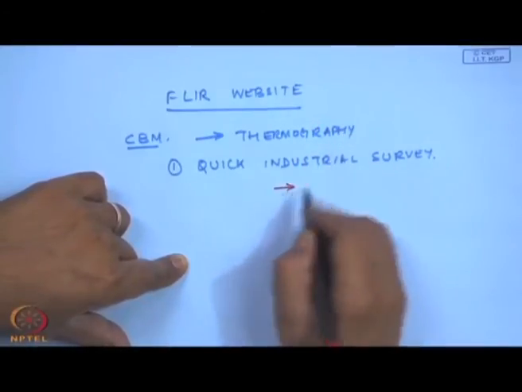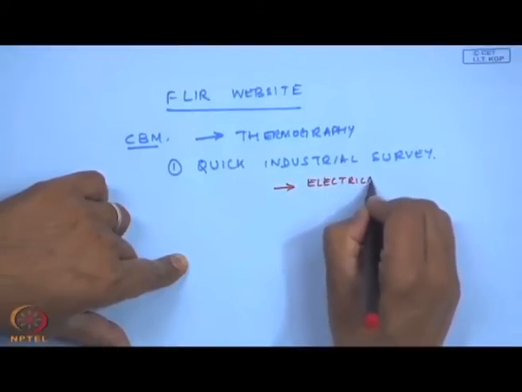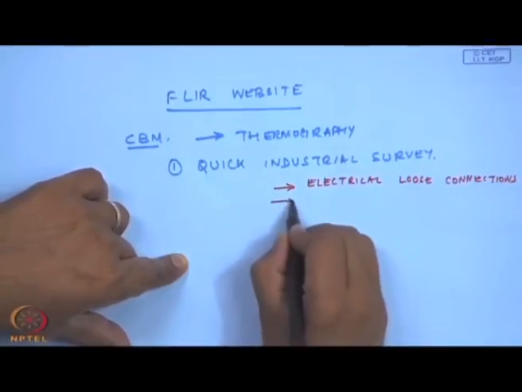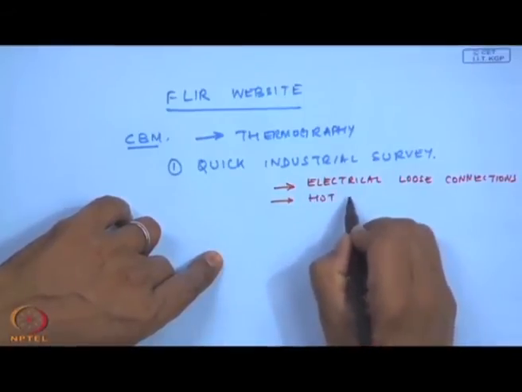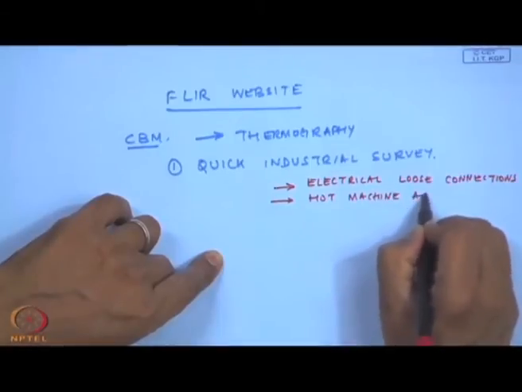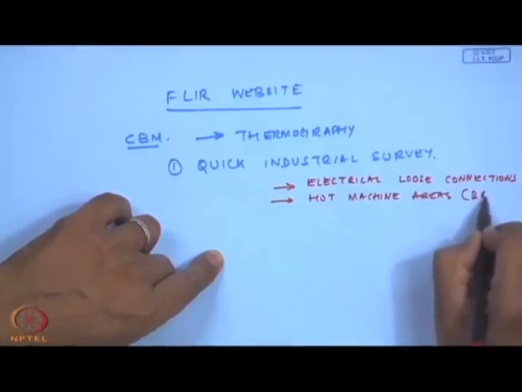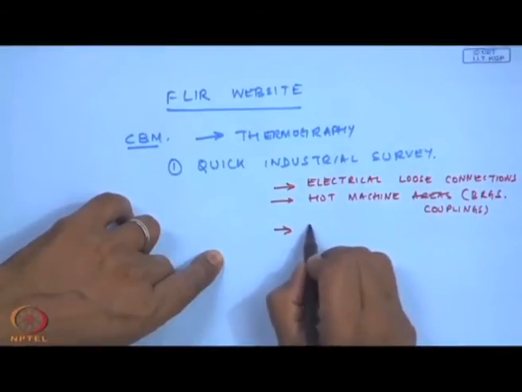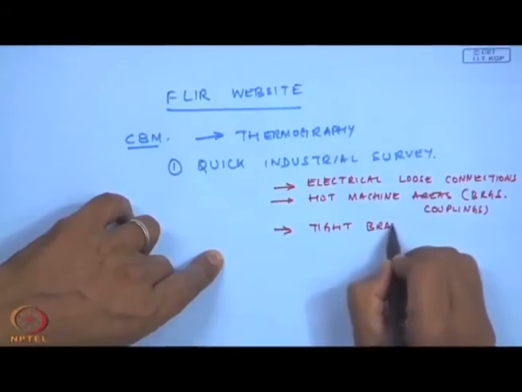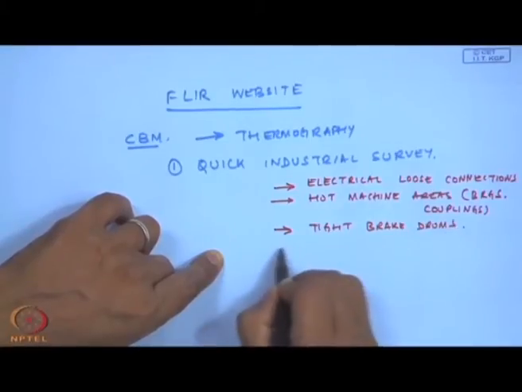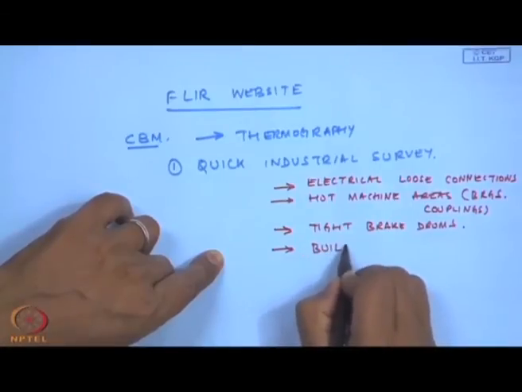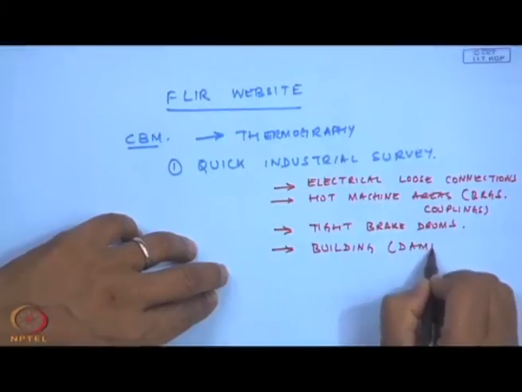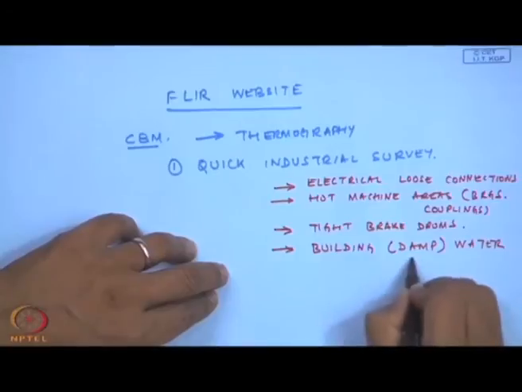Like you can find out electrical loose connections, you can find out hot machine areas like bearings, couplings, tight brake drums, particularly in automobiles, and buildings, if a building has become damp or has water seepage.